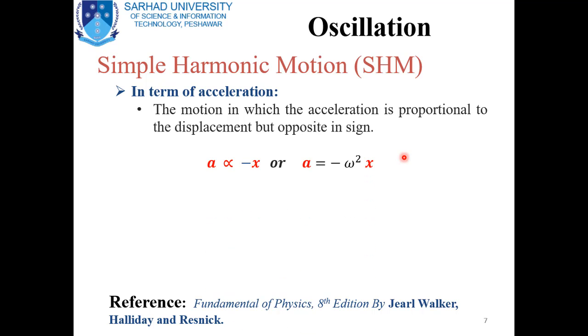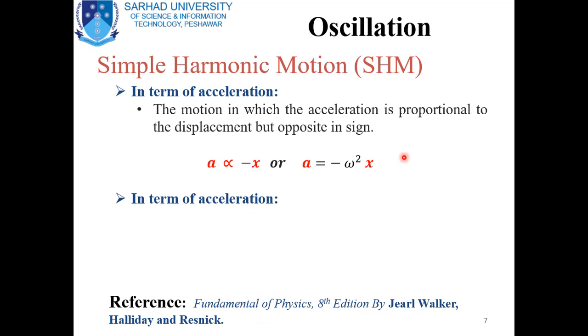Mathematically, a is directly proportional to x, where a represents the acceleration and x represents the displacement, and the negative sign shows that these two parameters act in opposite directions. When we remove the proportionality sign, we put a constant of proportionality. Here the square of the angular frequency, omega squared, is the constant of proportionality.